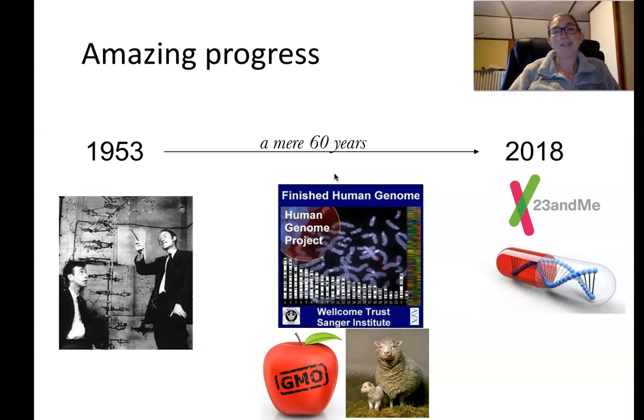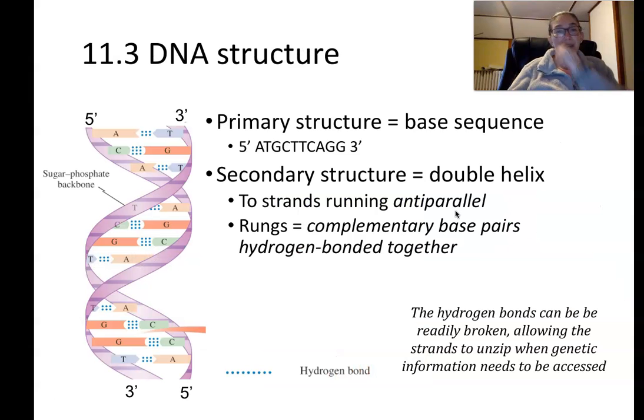It took several years just for one. And now it takes a couple of weeks for one person, so hundreds of people can get it done at a time. So it's pretty crazy, the advances that we've had in this field and the greater understanding that we have now for genetics. So let's get back to that DNA structure.